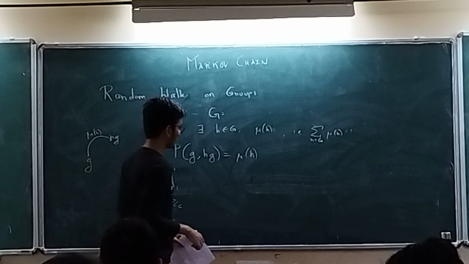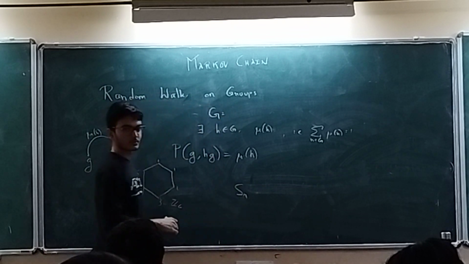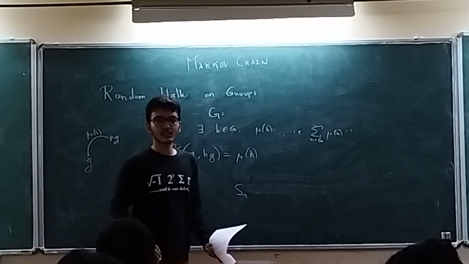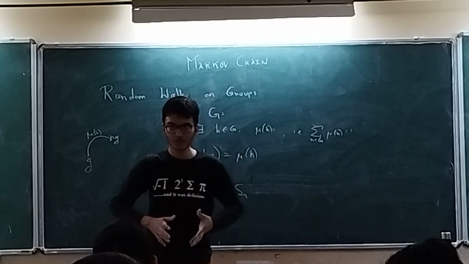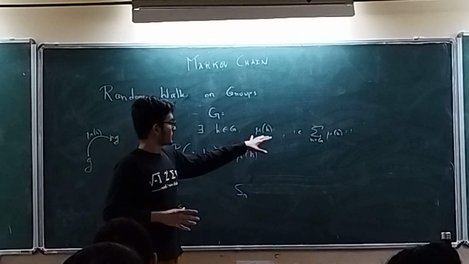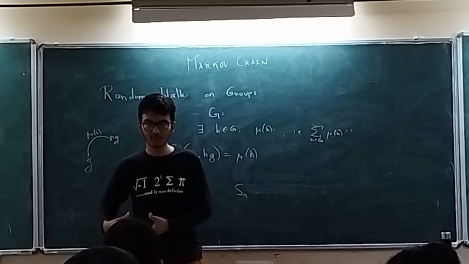And what else? One of the famous examples of a group that we always study is the symmetric group. So what is a random walk on it? You are taking a permutation and going to another permutation with some probability.